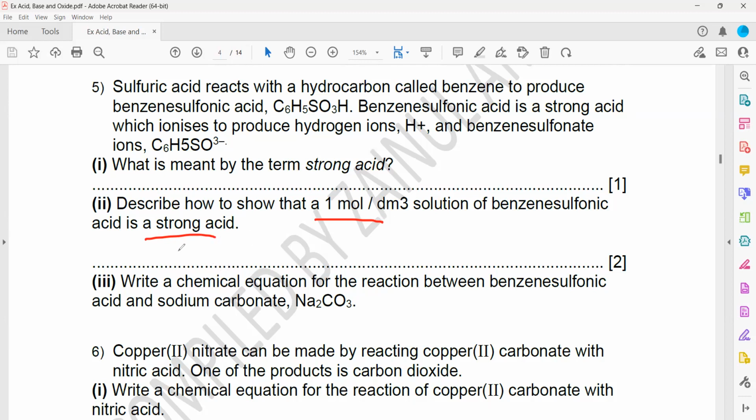When we check with universal indicator, it will show a pH from 0 to 2, or you can say 1 to 3 is also acceptable.